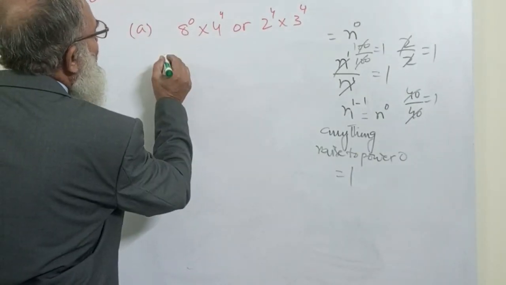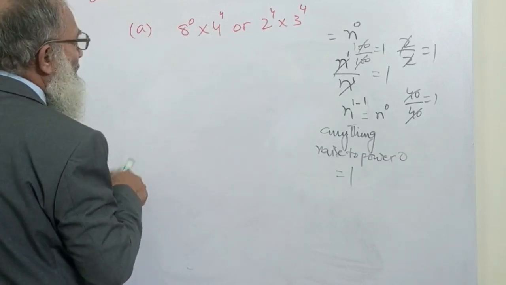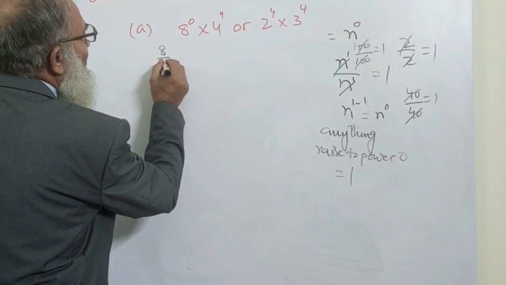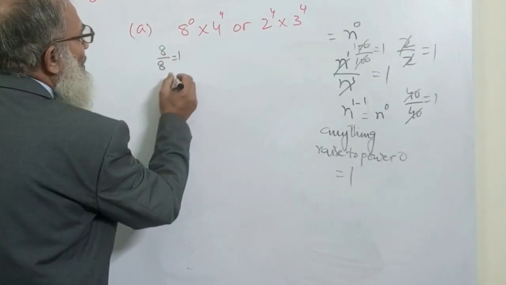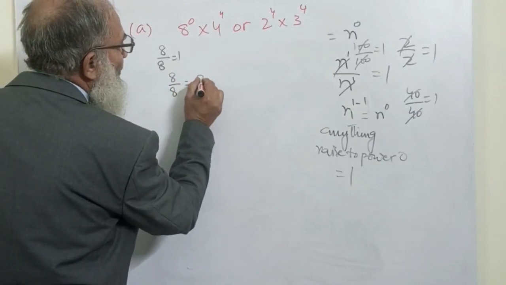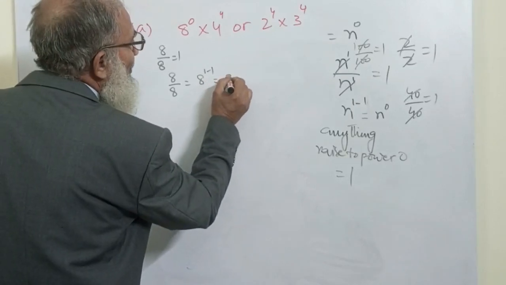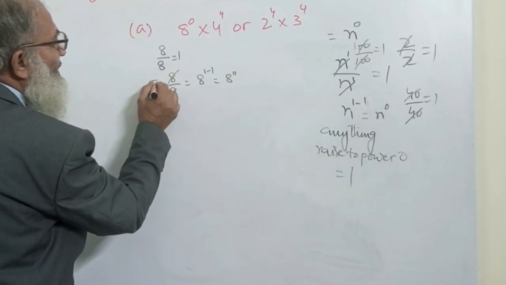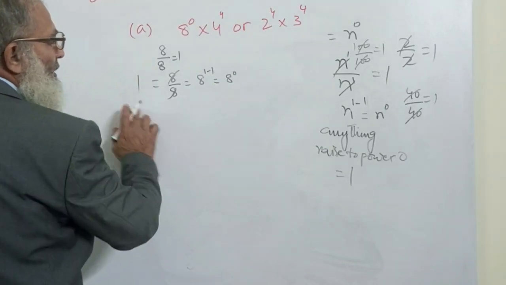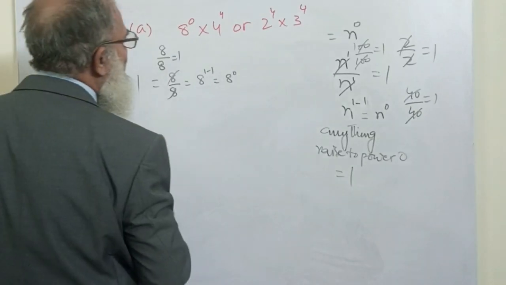I do it in both ways: 8 divided by 8 is equal to 1, or 8 divided by 8 is 8 to the power 1 minus 1, which is 8 to the power 0, or you just cancel. The answer is again 1. You see that for each it has become 1.